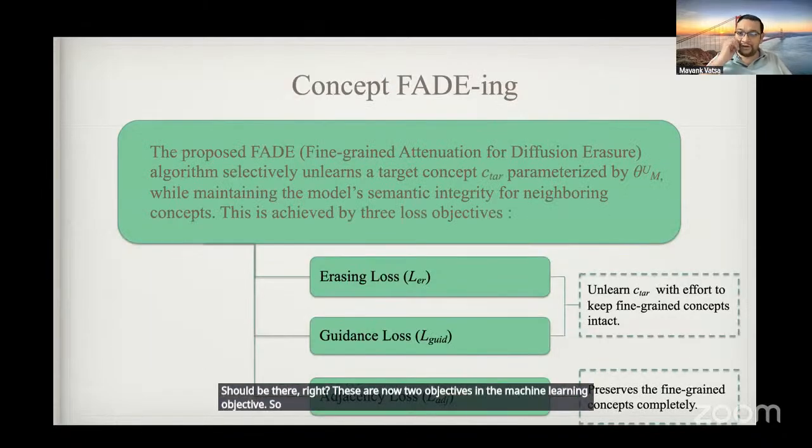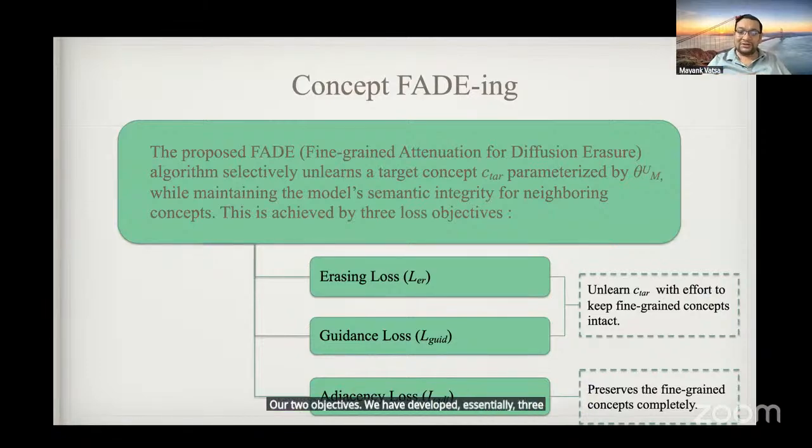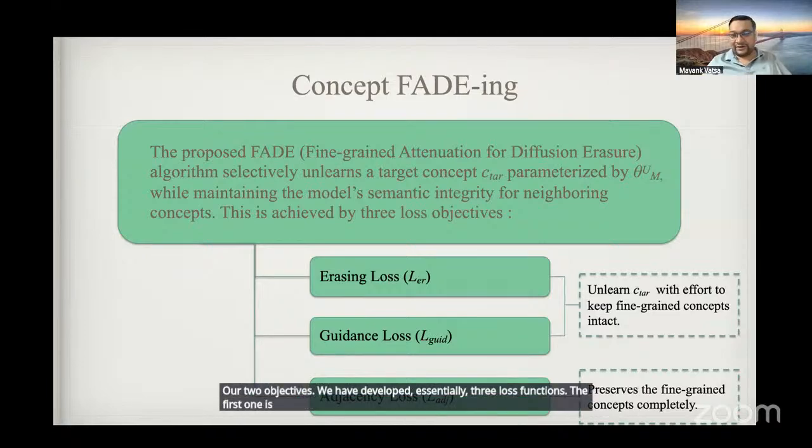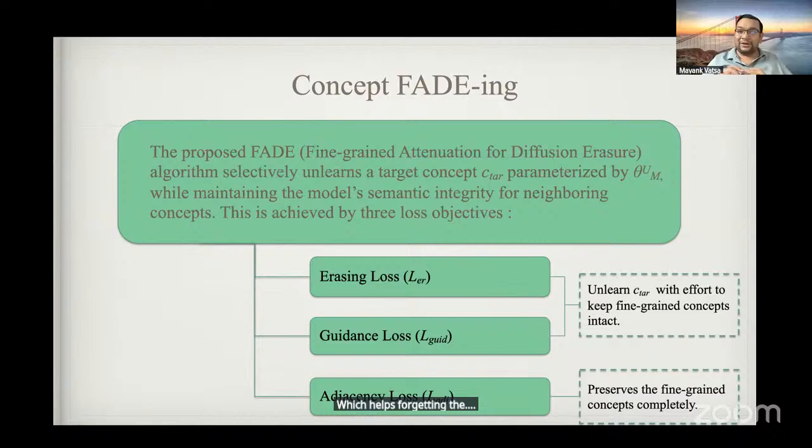So in order to achieve these two objectives, we have developed essentially three loss functions. The first one is the erasing loss function, which helps forget this particular CTAR. Right. So the erasing loss function forces the model to forget, or do a gradient ascent on CTAR.